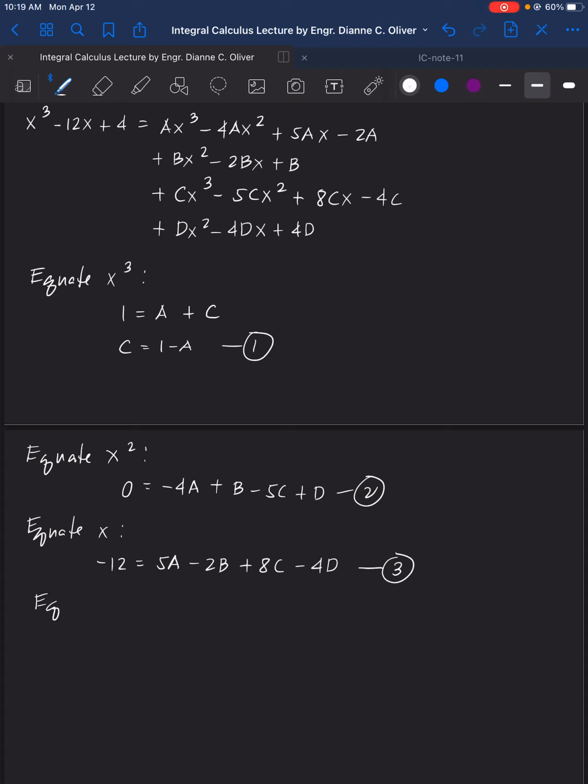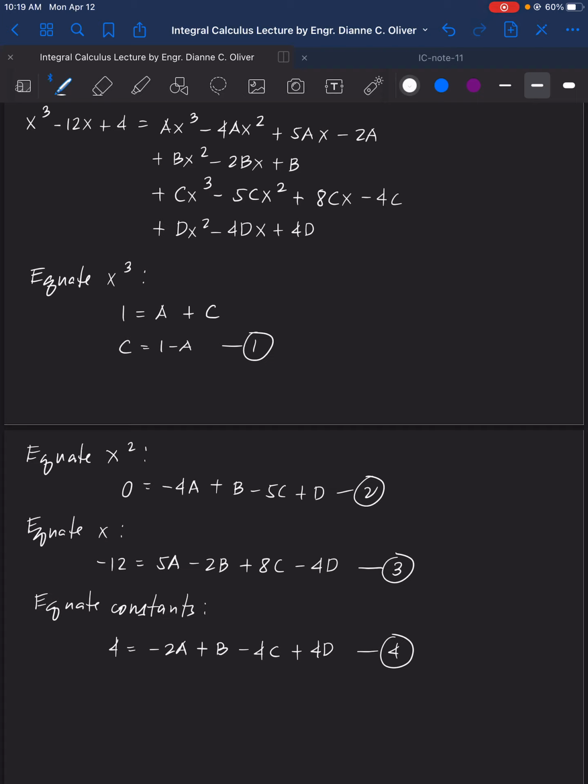Equate constants. We have here 4 equals the constant negative 2a. The constant for b is positive b. Constant for c is negative 4c. Constant for d is positive 4d. That is equation number 4. Yes, it's very, very long.